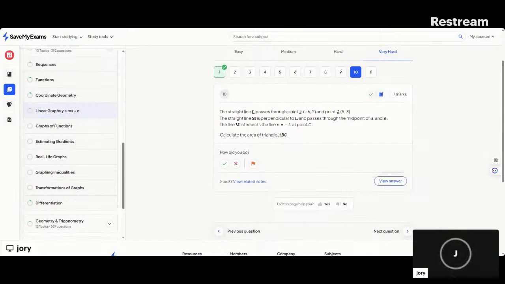Distance is the square root of x2 minus x1 squared plus y2 minus y1 squared. So let's do that for both.